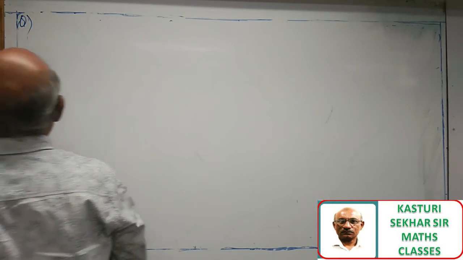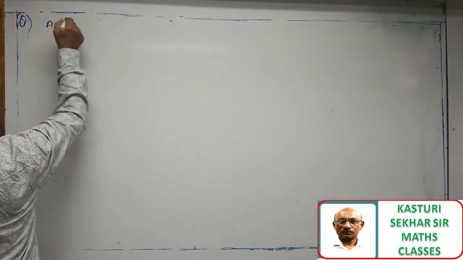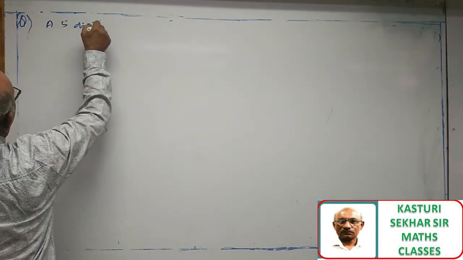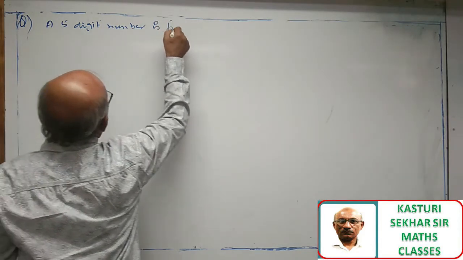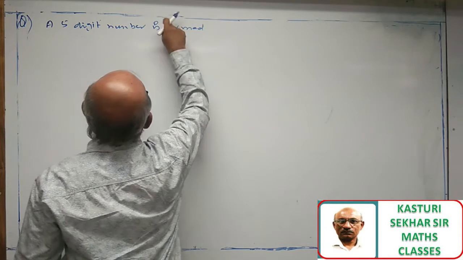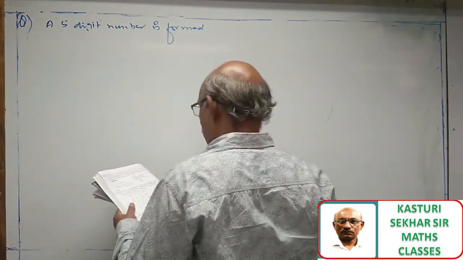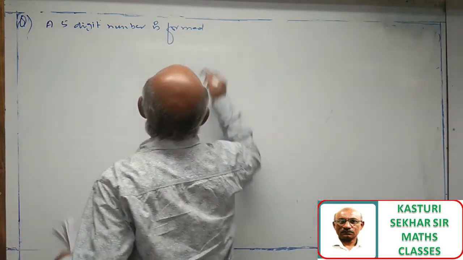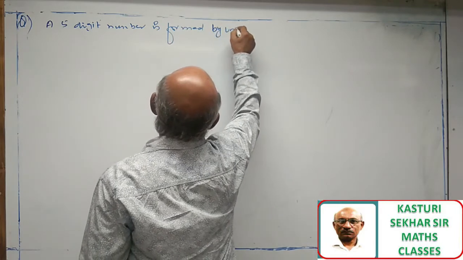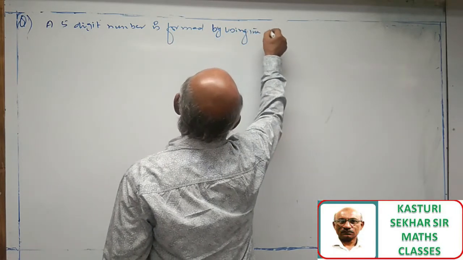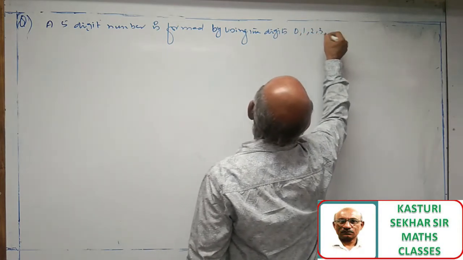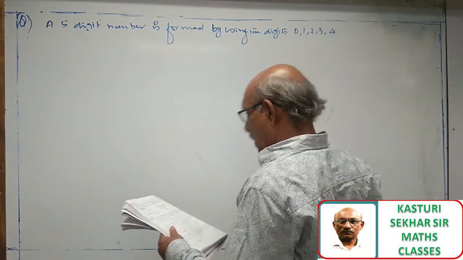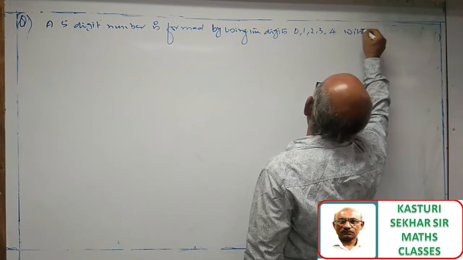A 5-digit number is formed by using the digits 0, 1, 2, 3, 4 without repetition.